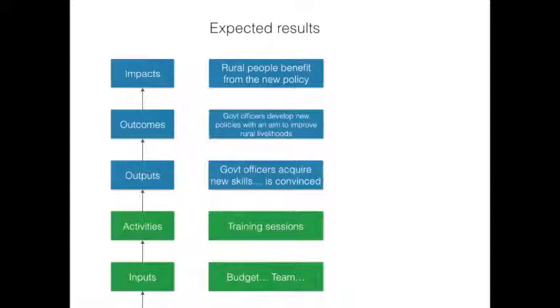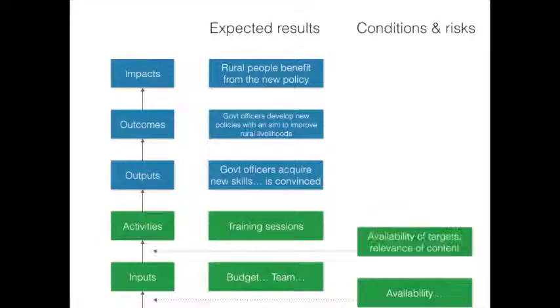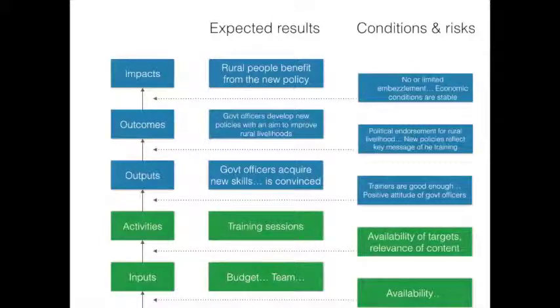There is a second thing that you would show in your logical framework, which are the conditions and risks that apply to each of the steps of the logical framework. So again, from the bottom to the top, you would have the availability of budgets and people to work on the project. You would also have the availability of government officers.